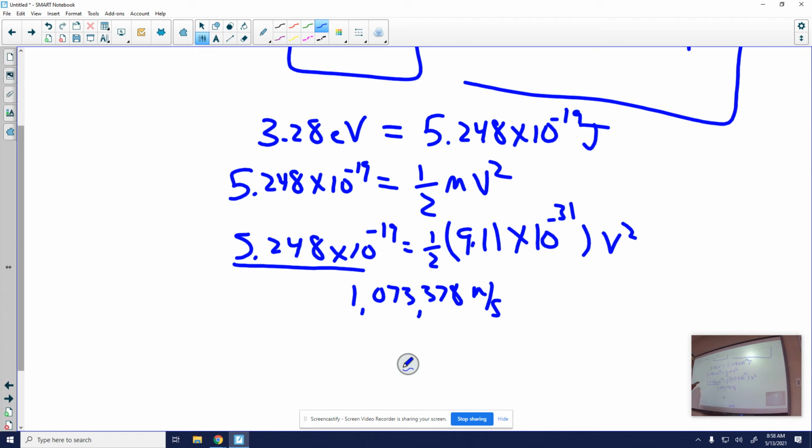It's 3 volts that you would apply to an electron to give it that equivalent energy. Or it would take 3.28 volts to stop that electron. And so these are all ways to talk about the energy of the photoelectrons that are knocked out by the photoelectric effect. And the last thing that I wanted to talk about was the work function and the threshold frequency.